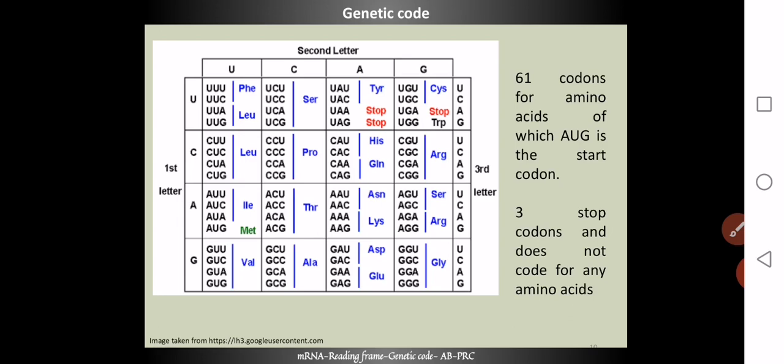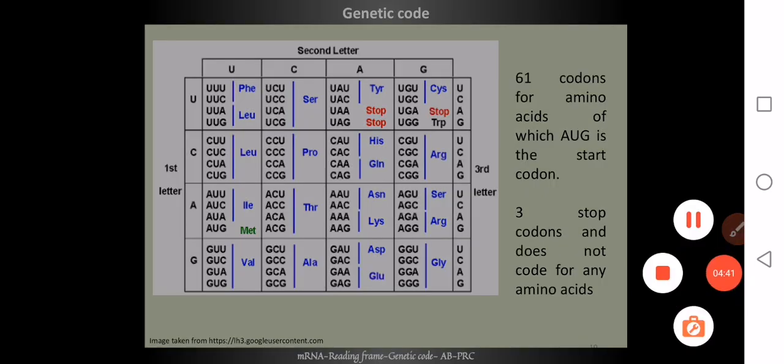Moreover, after the 20, the remaining codons also code for certain amino acids which are already encoded by some other codons. That means certain amino acids are encoded by more than one codon, and in that way the number is accounted for. Okay.